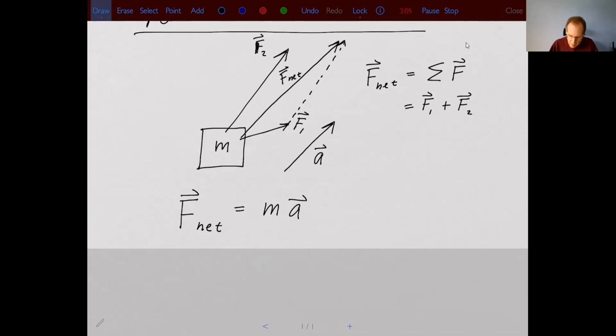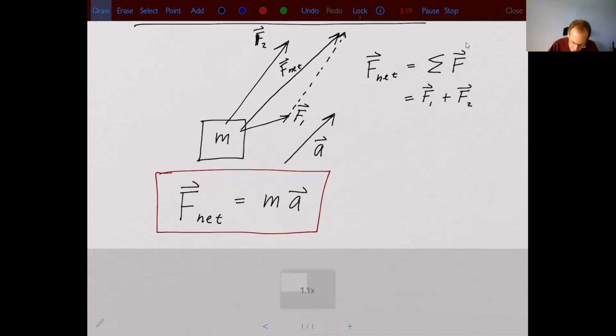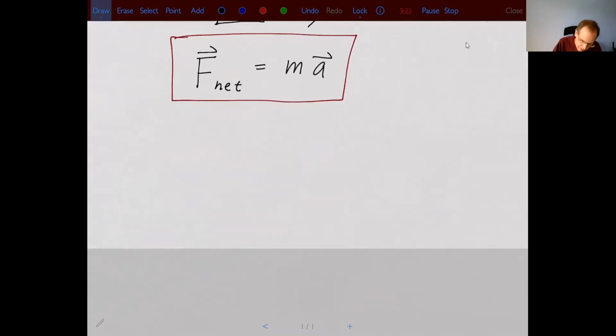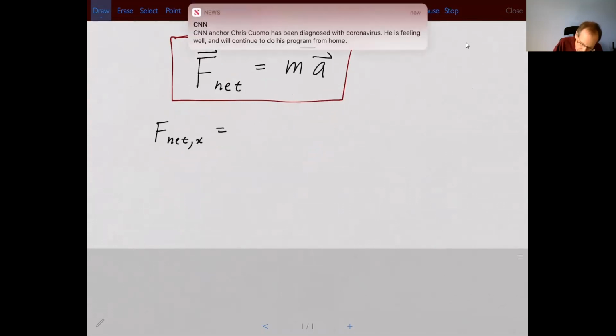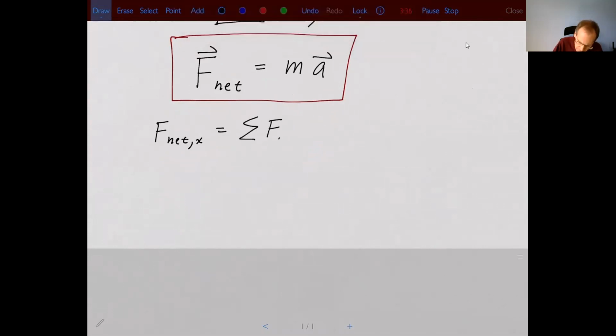Another thing that comes up is, since this is a vector equation, and it's a very important equation, I'll box it in here. F net equals ma, Newton's second law. You could also split it up and write it in terms of its components. I could also write this as F net in the x direction, which is equal to the sum of the forces in the x direction, that's got to equal m a x.